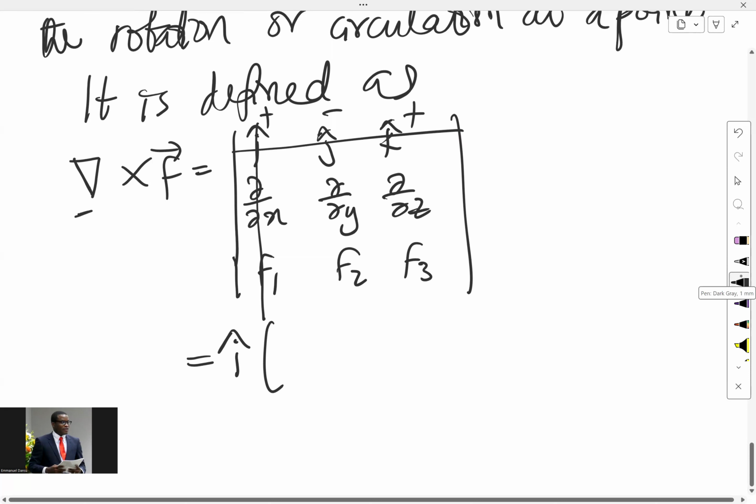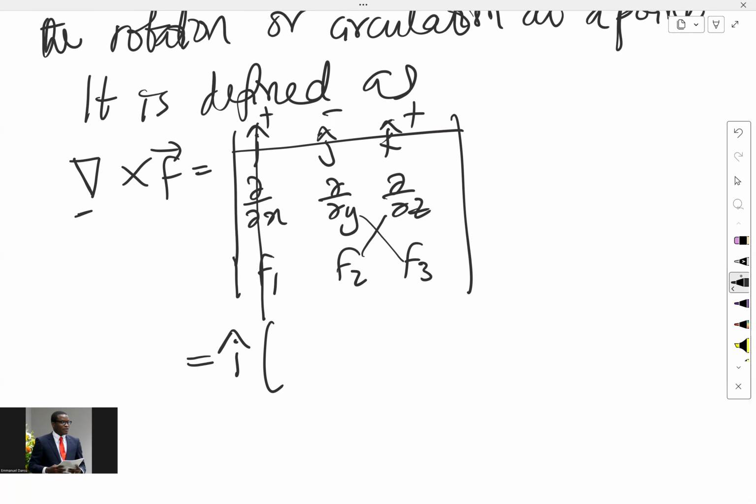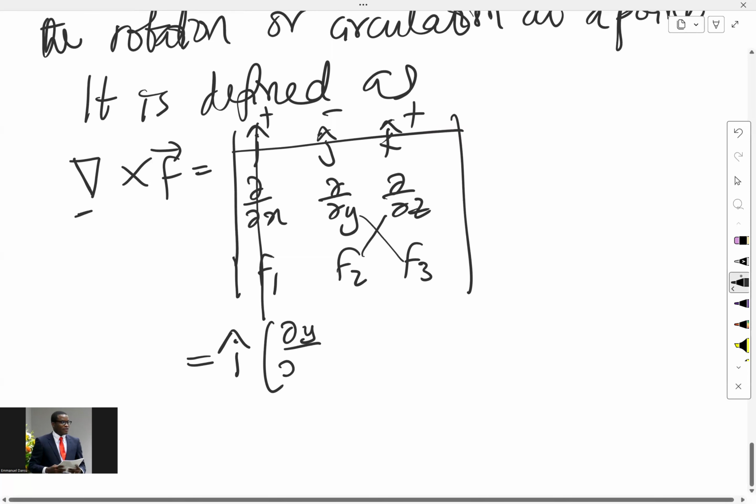So you have partial F3 partial Y, minus partial F2 partial Z. Okay, like this. Then the next thing is what?